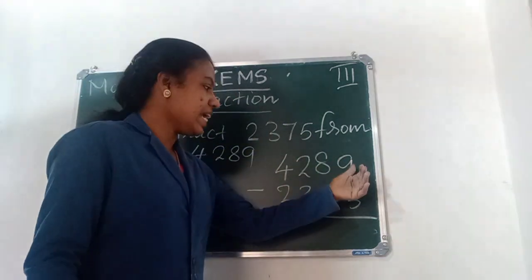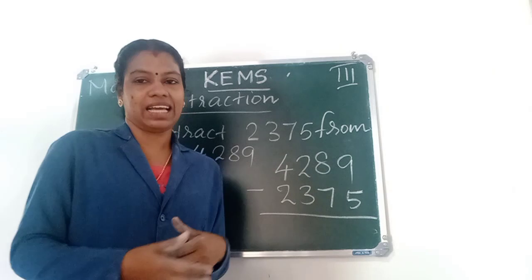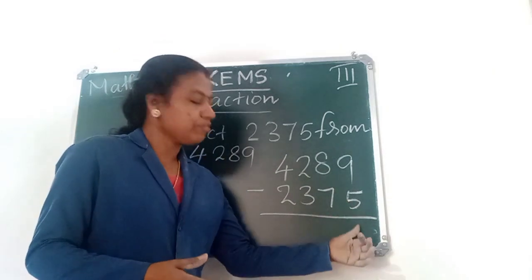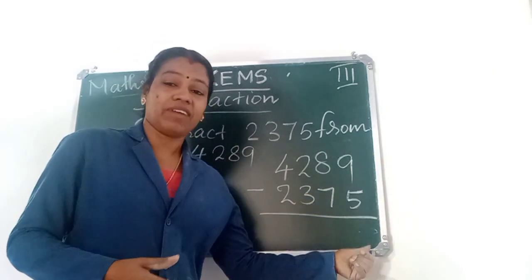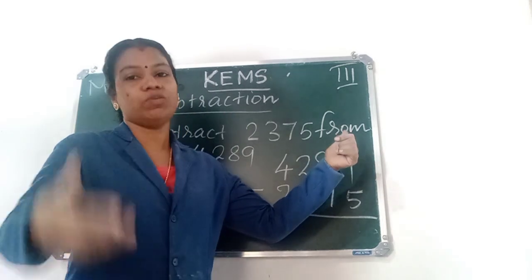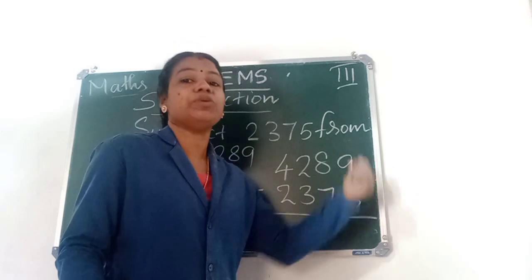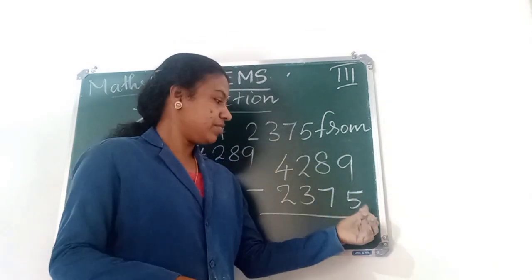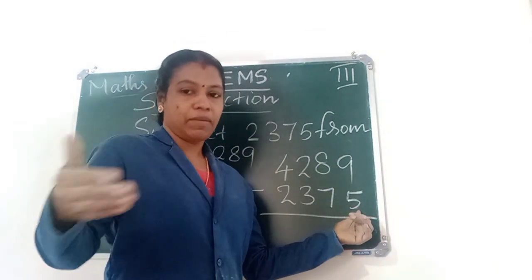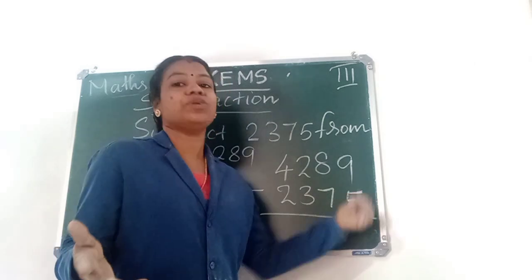That is 9 minus 5. So think like that: from 5 to 9. Count like that, 5 to 9. How many numbers do you need to get 9? How many numbers must you add to this 5 to get 9?